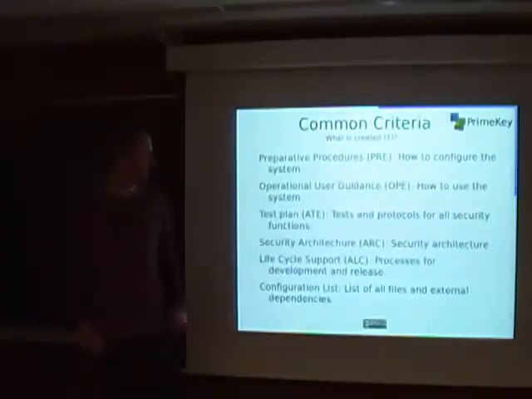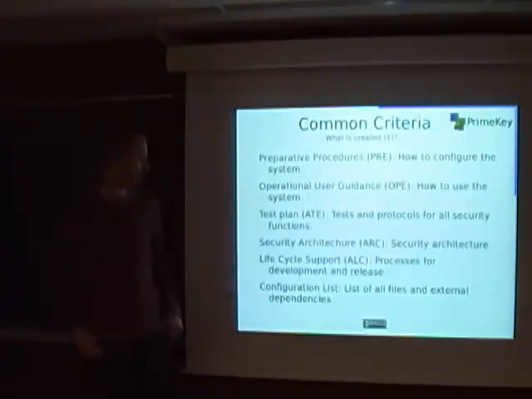We have a test plan, where you have to document tests and actually test protocols for all the security functions in your system, so you can prove that you have tested everything. We have a security architecture that defines how your software implements security in an architectural way.